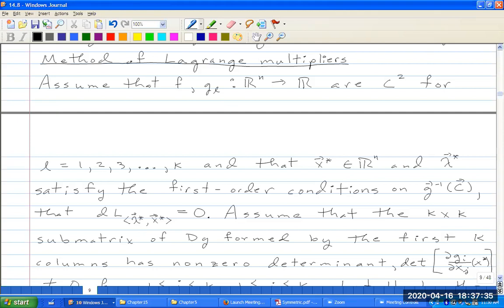Assume that the k by k submatrix of DG formed by the first k columns has non-zero determinant.